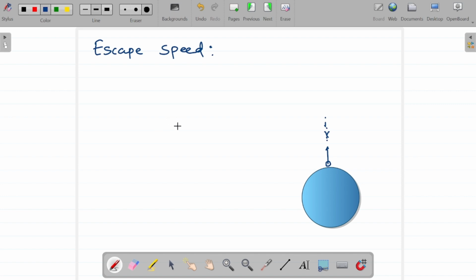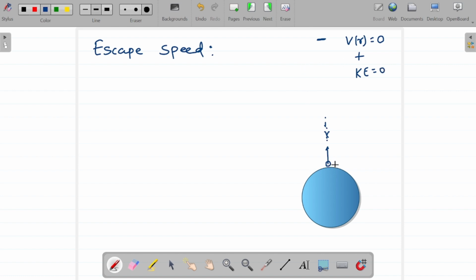So let's derive the expression for the same, and here we are going to apply conservation of energy. Let's say this stone has been thrown so that it attains some distance where the earth's gravitational influence is zero, or you can say the gravitational potential is zero. And let's say at this point the stone comes to rest, so the kinetic energy at this point is also zero.